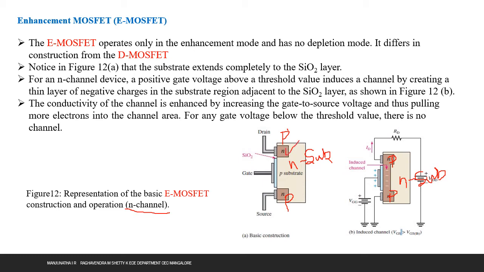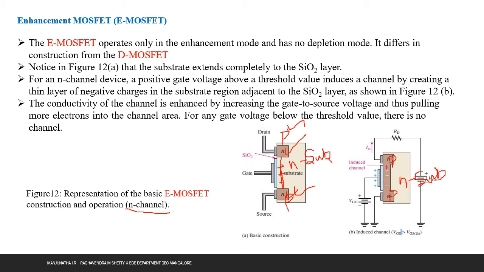Since we are having N and N regions, we are able to create an N region, negative charges. But here we have P regions, so we should be able to create a positive or P channel. So how is it possible?